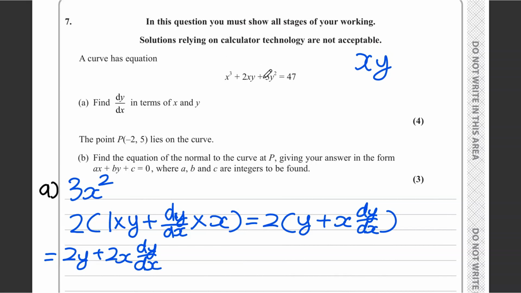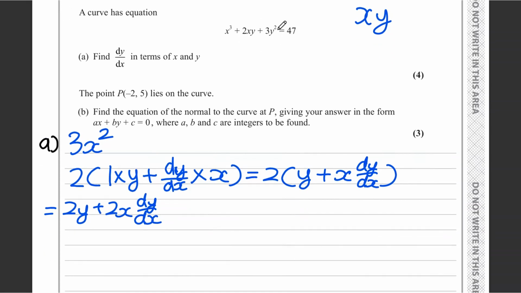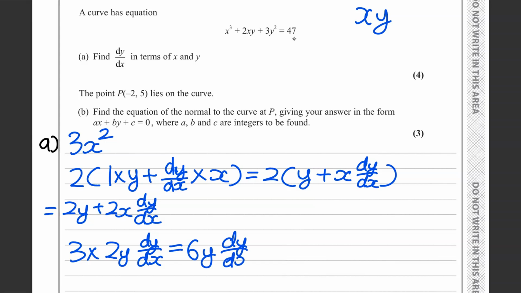So this is 2xy differentiated, and then if we differentiate 3y squared, it's going to be 3 multiplied by y squared differentiated. We talked about in the implicit differentiation video, we differentiate this using the chain rule. If you differentiate y squared, it is equal to 2y dy over dx, and 3 times 2 is 6, so this is 6y dy over dx.